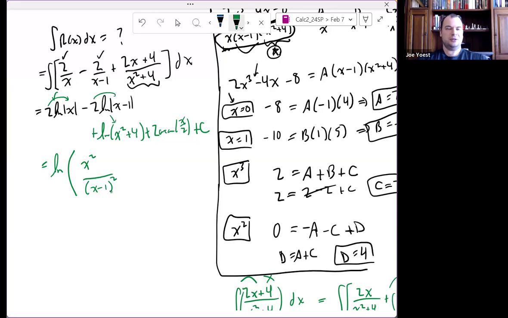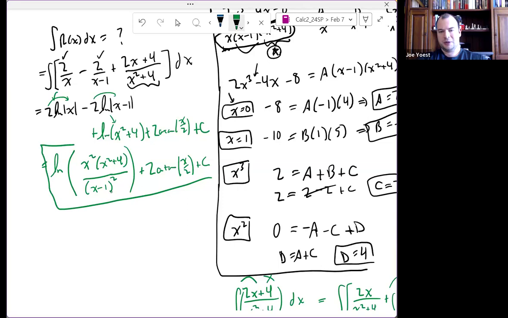And then plus, so times inside the log. Since all of these bits are squared and that's positive, we don't need absolute values. We can just use parentheses. And I suppose this is what we end up with.